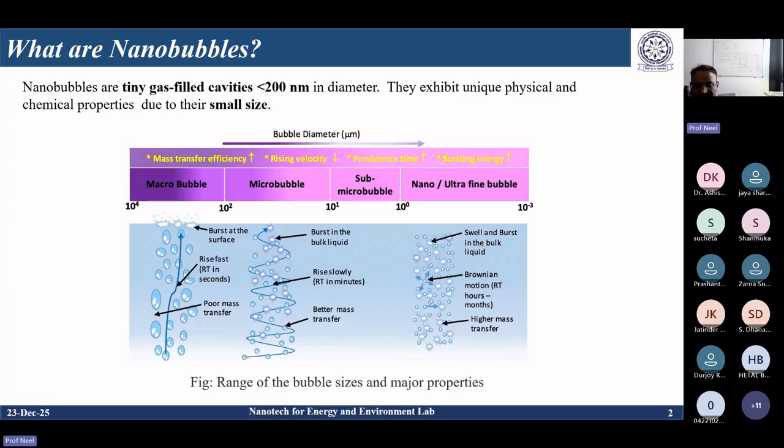And there are bubbles which cannot be seen by the naked eye, and these are so-called nanobubbles.